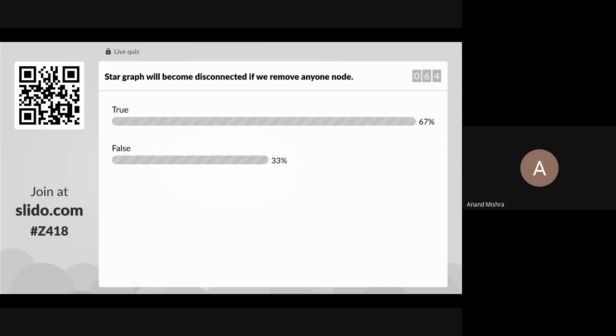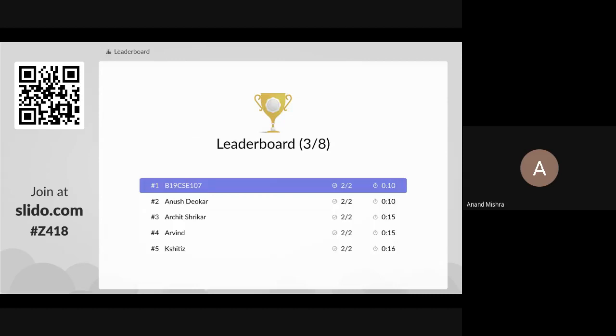I hope that's what you mean. But the question was, if you remove any node, it will be disconnected. If I remove an outer node, it will not be, right? So I don't know why that is. Anyway.